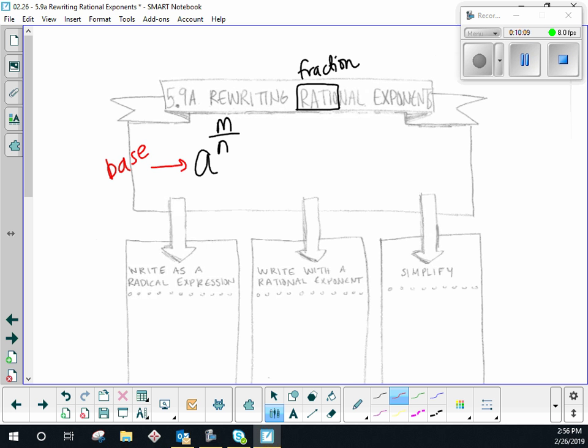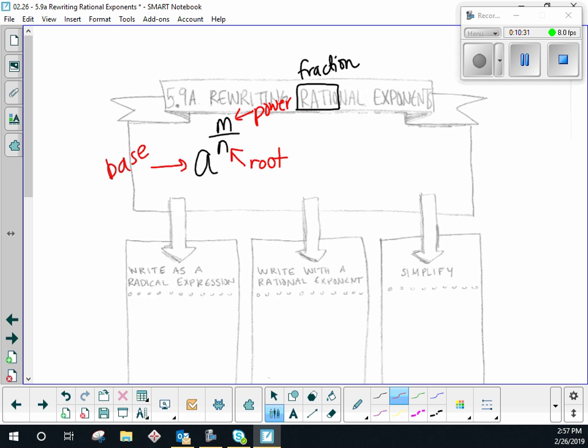Do you remember from our warm-up which one is the power? M. The one on top is the power. The root. Like if it's a square root, what would n be? 2. Very good. If it's a cube root, n would be 3, right?